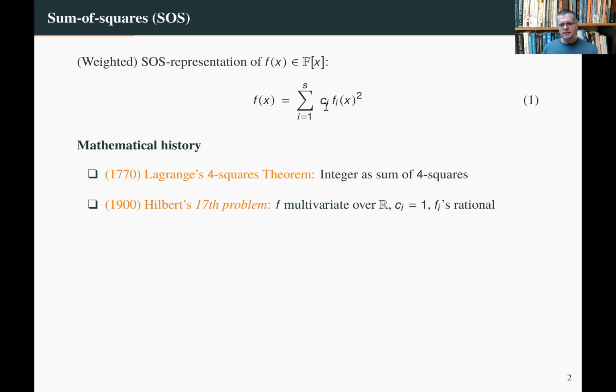So there these coefficients were not allowed. They are fixed to be 1. And the fi's were allowed to be rationals. And the question was which polynomials can be represented that way. And such sum of square conditions appear as conditions in convex optimization and control theory.